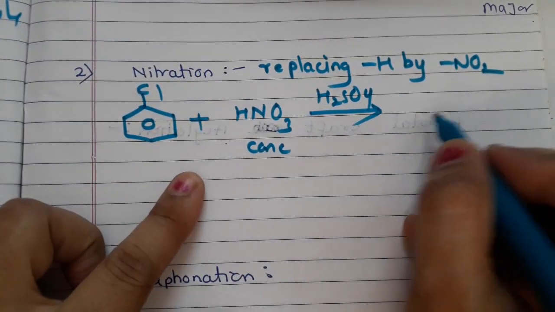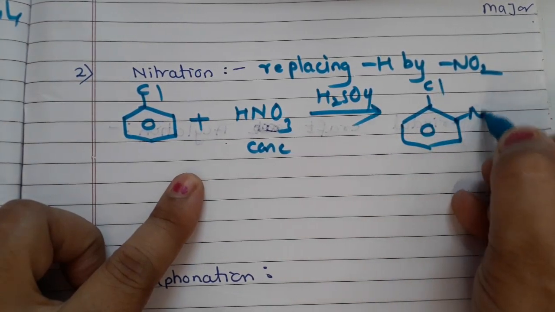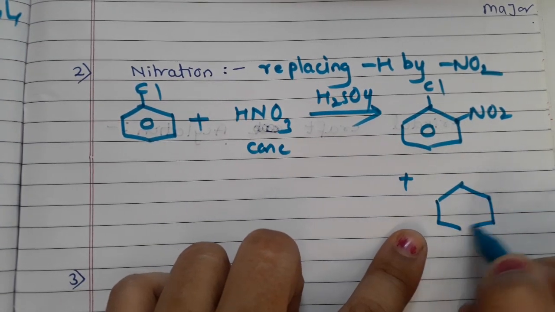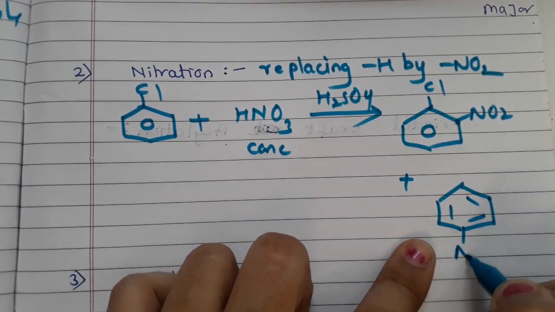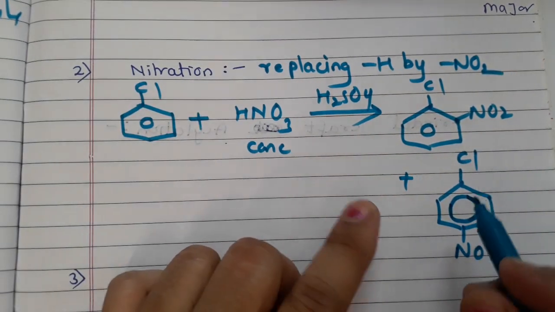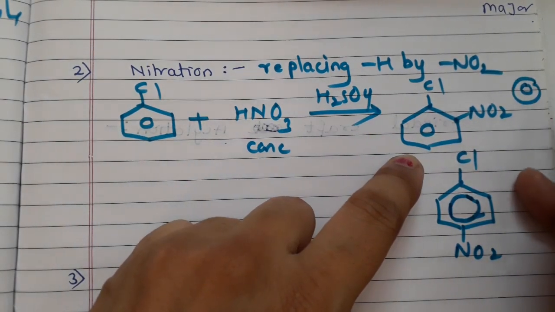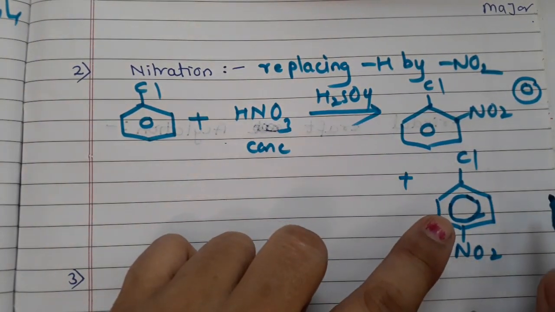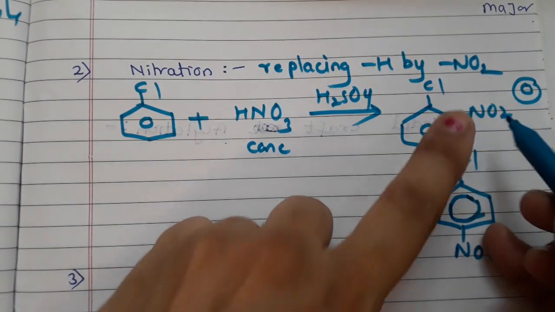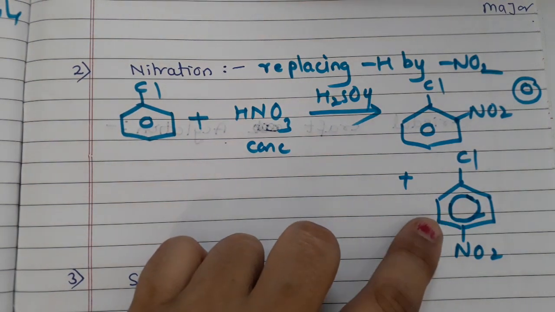Okay, and here we are going to get ortho and para products. So this is the ortho product and this will be the para product. You can write like this also. This is the ortho product we are getting and here we are getting the para product. This is 1-chloro-2-nitrobenzene and this is going to be 1-chloro-4-nitrobenzene.